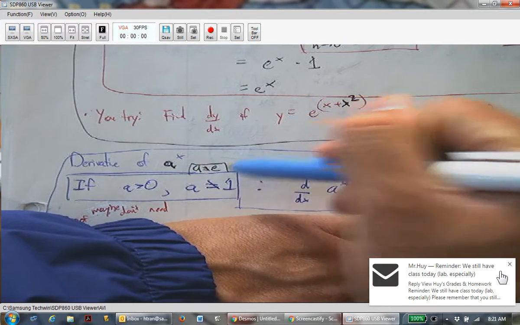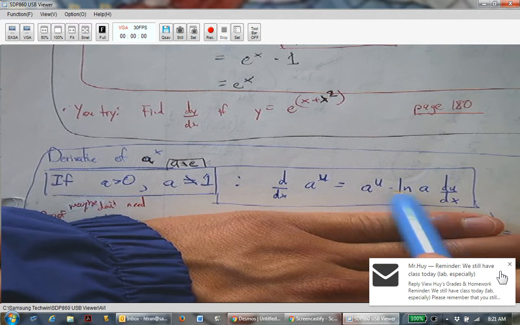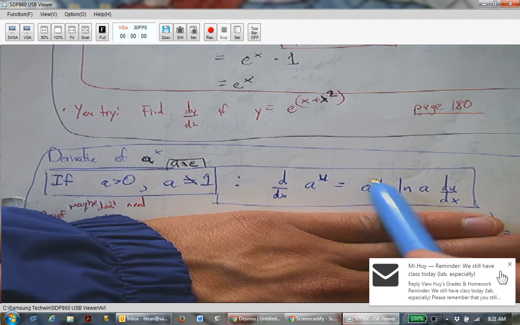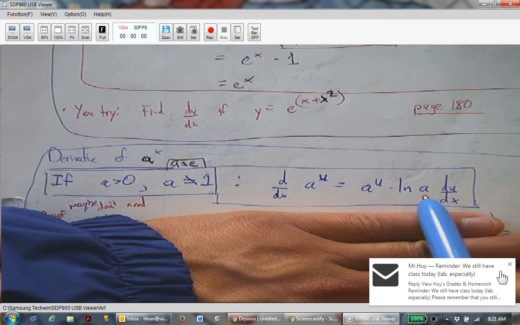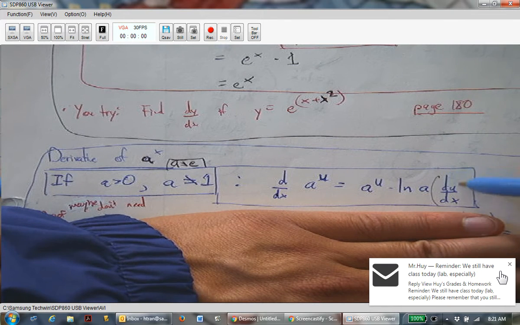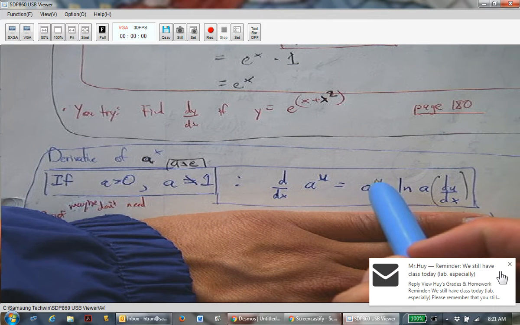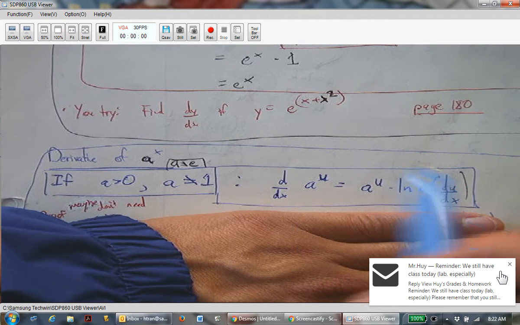The derivative, in the more comprehensive form, of a to the u is, again, itself, a to the u times the ln of a. And then this is just here for the chain rule. If you had a function in the place of u, you're going to take the derivative of that inside function.